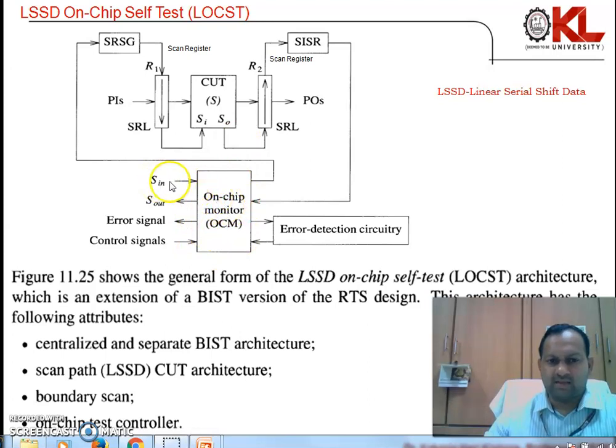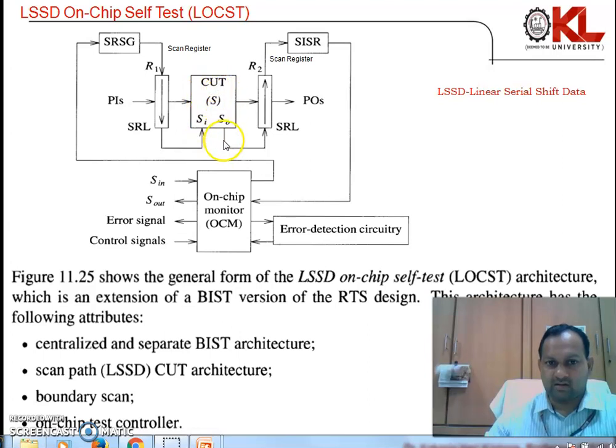You apply the serial-in binary data to the SRSG, serial register shift generator, to the R1 scan register, and this R1 scan register shifts the data simultaneously to the CUT circuit as a serial shift register.